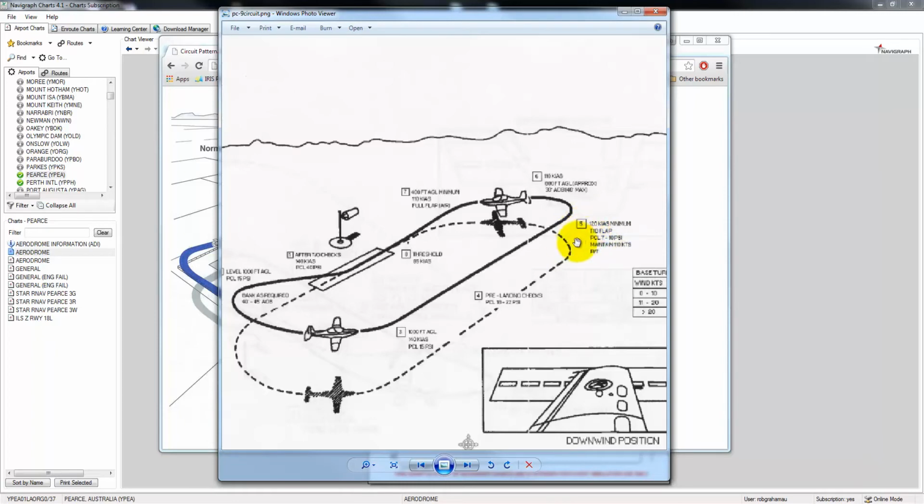Then, just before we turn onto our base, we bring our takeoff flaps down and our gear down, reducing our speed to about 110 knots, and at the same time slowly descending.